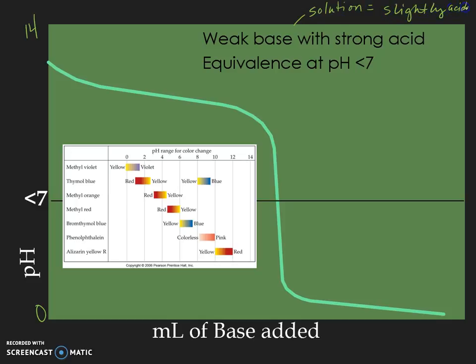Which means that our solution will be a weak acid solution. So the best type of indicator to use there would probably be methyl orange, maybe thymol blue, but see how there's a huge range here for thymol blue in the neutral, and then you could use it again for bases. So the best one to use would probably be methyl orange.